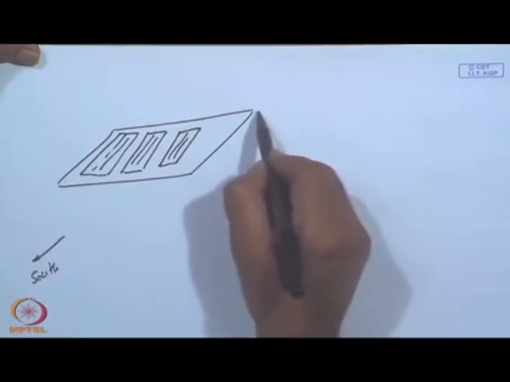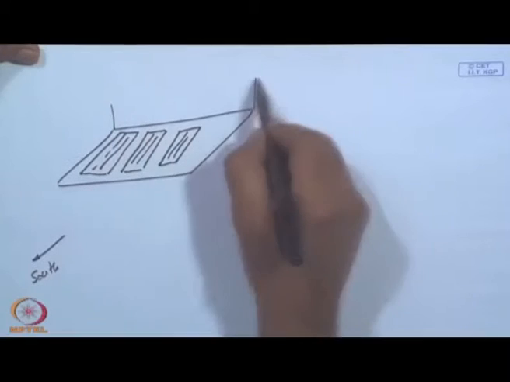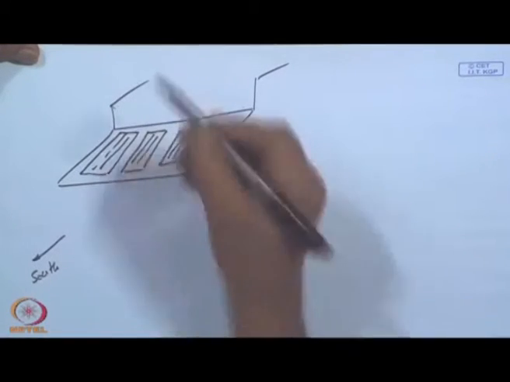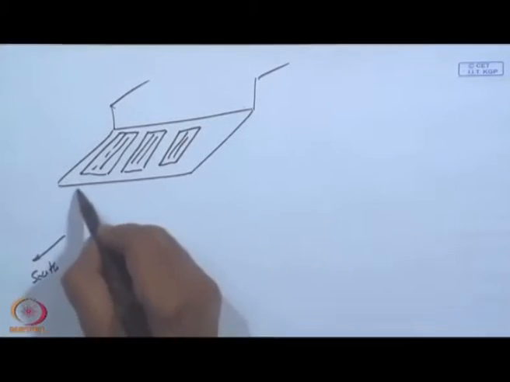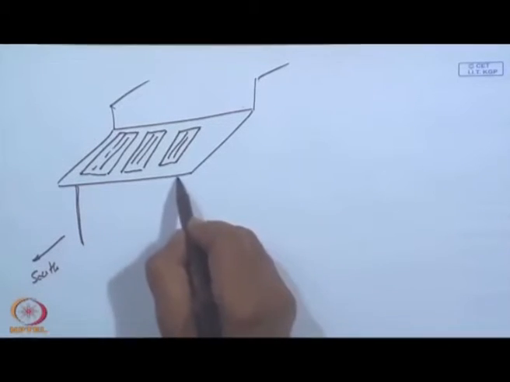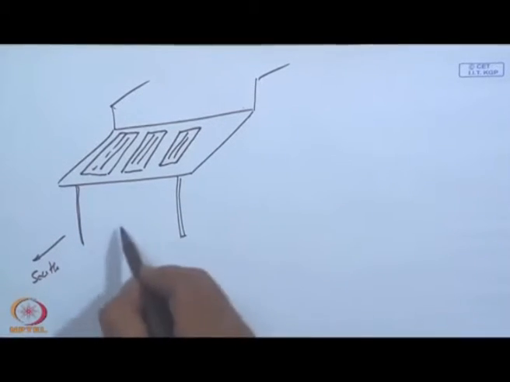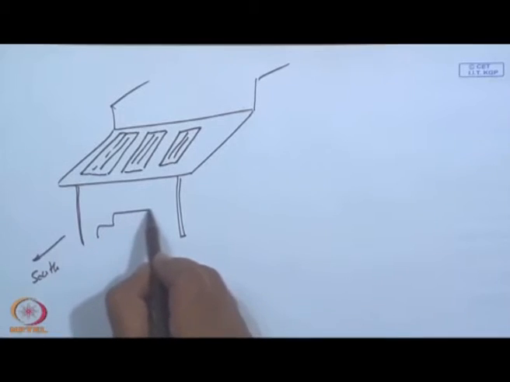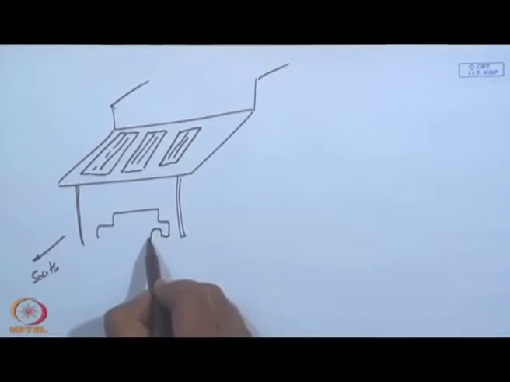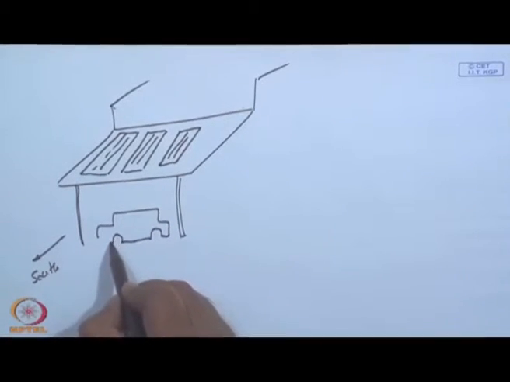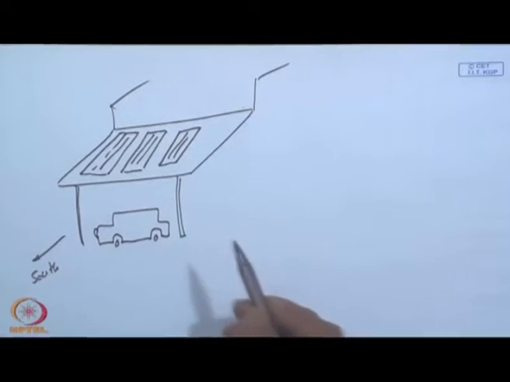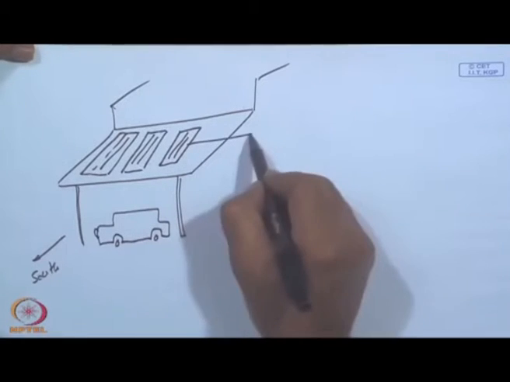This could be a big building like this, right? And you may have some pillars, just to give you an idea, and there will be a car over here. These are the solar panels.